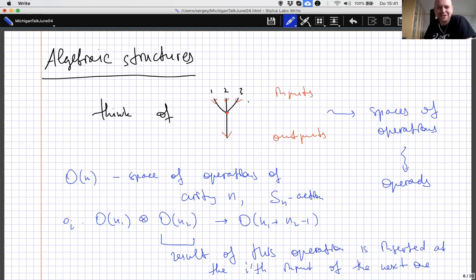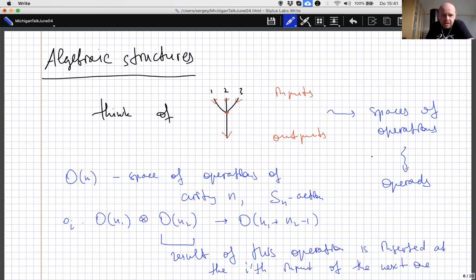Okay, so we have inputs and outputs, and the point is the following. If I don't want to think about examples, I would just say that we consider the space of operations abstractly. We just list all the possible operations that we can have for this particular algebraic structure and consider, instead of particular realizations of these operations in a given vector space, the spaces of operations themselves, right?